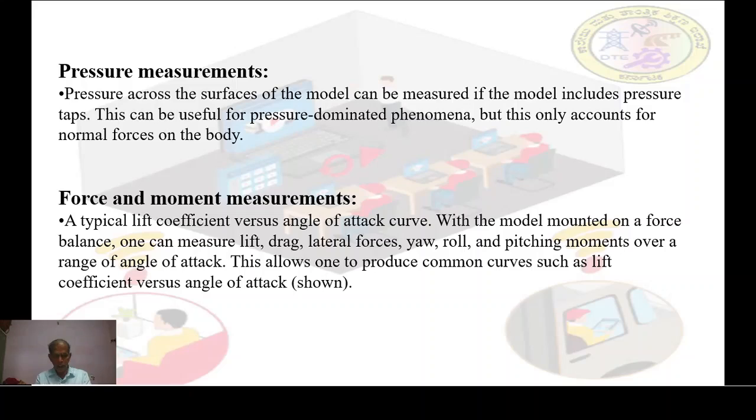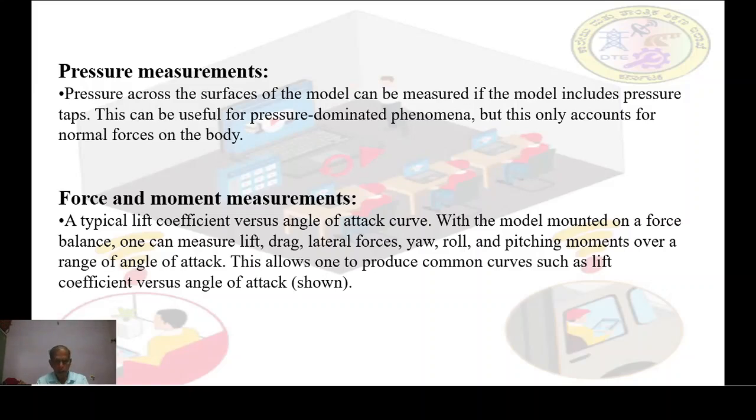One can measure lift, drag, lateral force, yaw, roll, and pitching moments over a range of angle of attack. This allows one to produce common curves such as lift coefficient versus angle of attack.